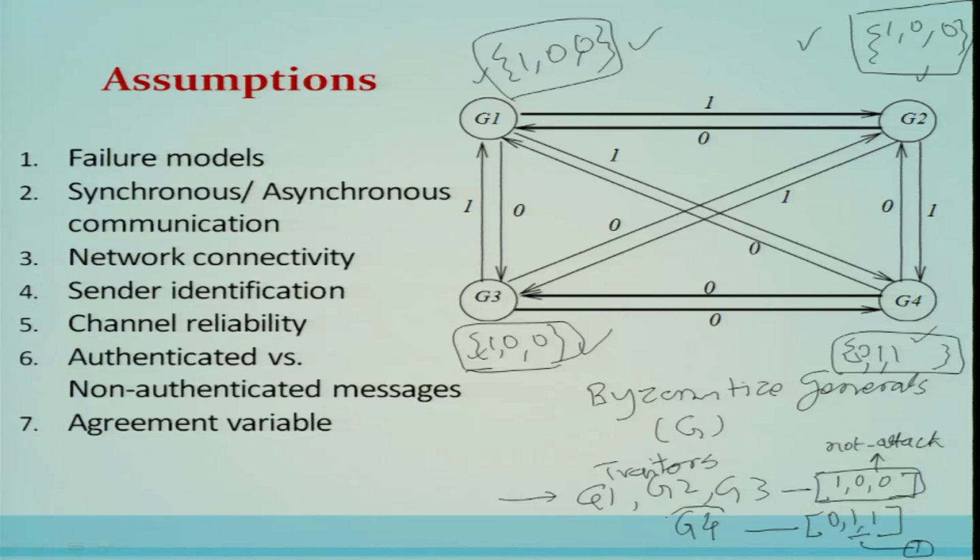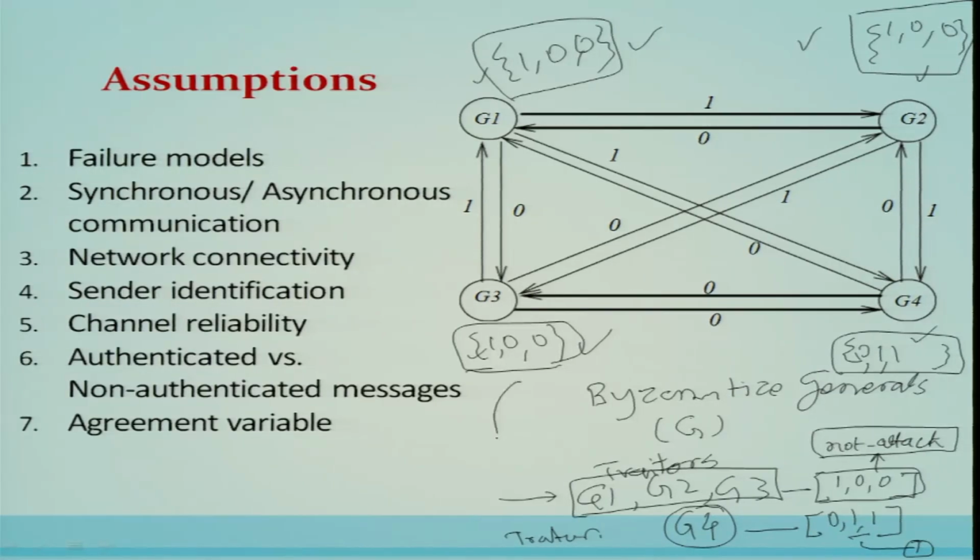So here we can conclude that this is a traitor, and the other non-traitor generals lead to a common value, and that is not to attack. These values are arrived at after several message rounds.